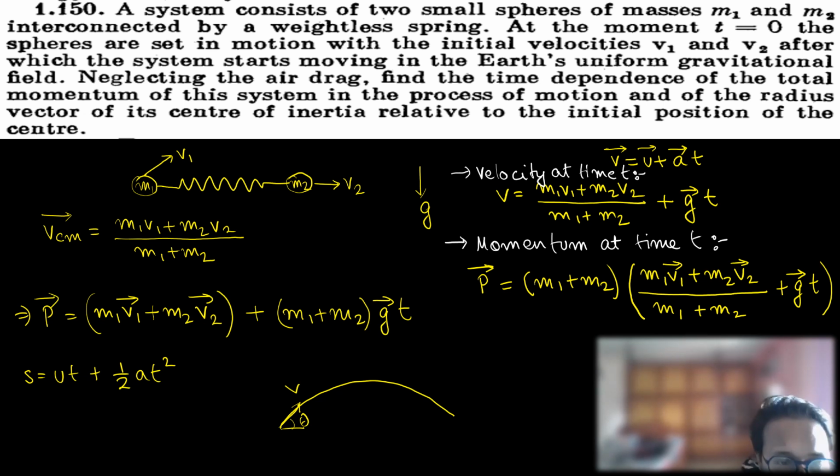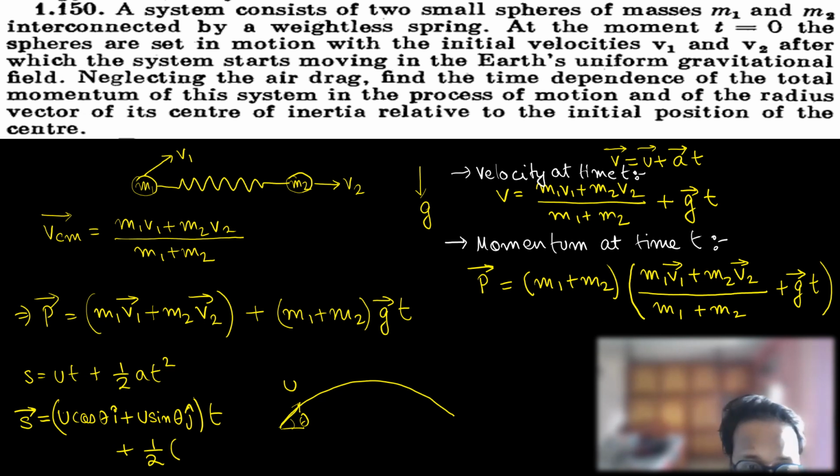You can write this same formula as a vector: s is equal to u vector, which is u cos theta i plus u sin theta j, into t, plus half g, which is minus g j. g used to be in the downward direction, no?